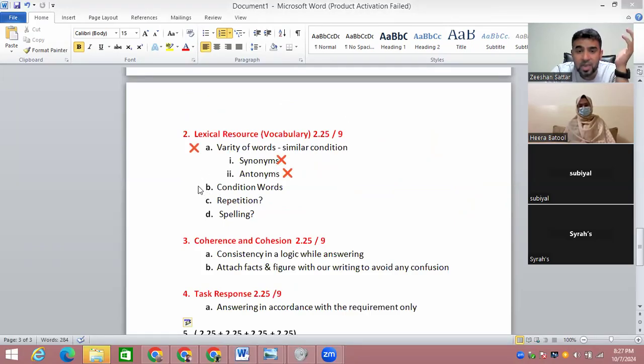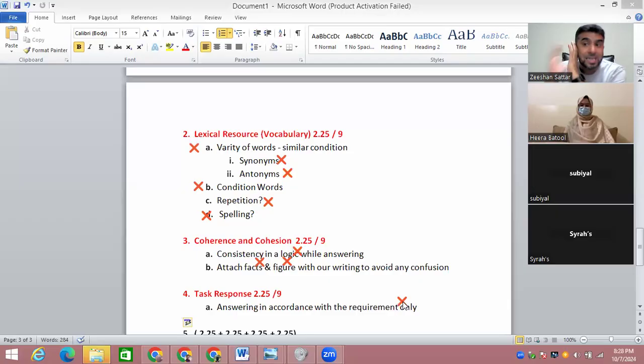If we are weak in conditional words or their usage, it is our weakness. If we over-repeat, that is a weakness. Our spelling, our weakness. Inability to build a logical sequence is our weakness. Missing facts, figures and examples is our weakness. Writing without understanding the requirement is our weakness. So these are all the weaknesses.